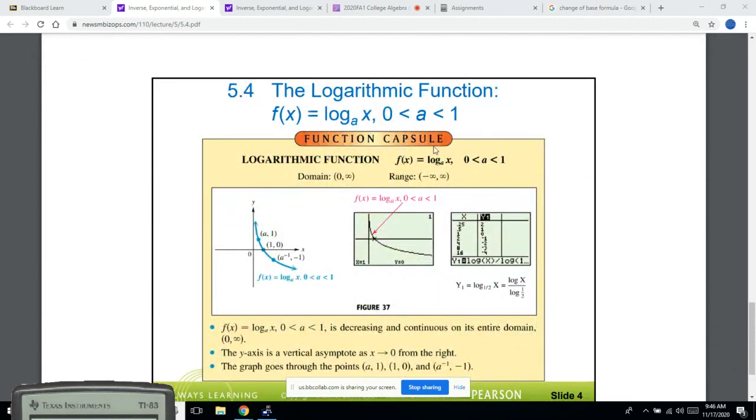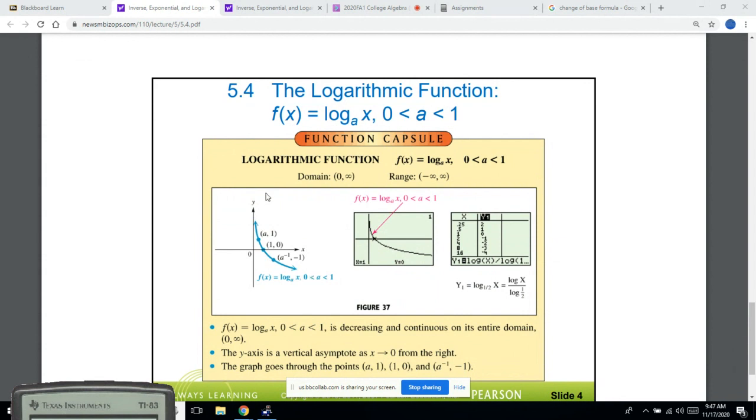Here we have the graph of a log function if your base is in between 0 and 1. Okay, so your base, it can't be negative, right? It has to either be greater than 1 or it has to be between 0 and 1. Notice that if your base is in between 0 and 1, this is the shape your graph will take on.